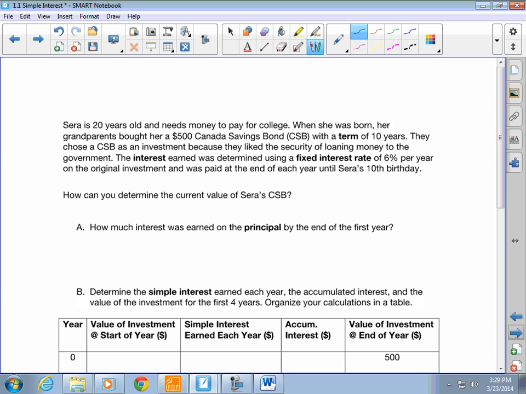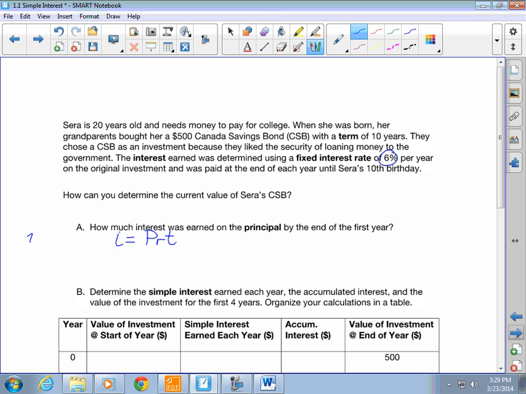So how can we determine the current value of Sarah's Canada Savings Bond? So we know we're looking at an interest rate of 6%. When you're doing these, that's exactly what you want to do, identify your variables. I'm using my I equals P, oops, I keep wanting to put my P and R together, my PRT formula.